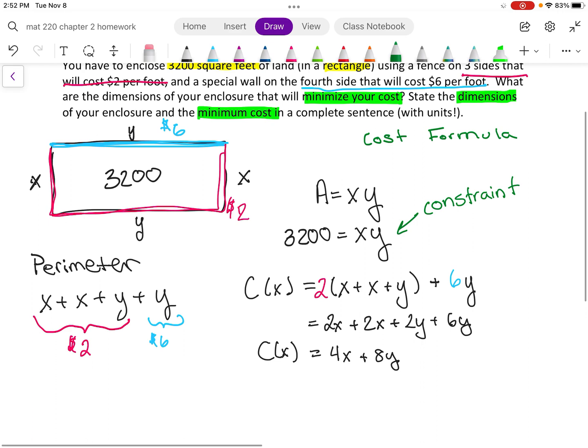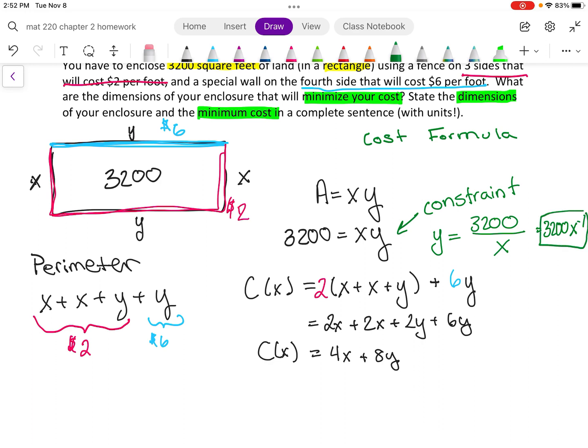Now, in this case, I need to rewrite this formula so that I've solved for one of my two variables. It really doesn't matter which one you solve for. Since I made this a function of x, I'm going to rewrite this as a y equals equation. So y equals 3,200 divided by x. Or I could think of that as 3,200 times x to the negative 1. And so this value is equal to y.